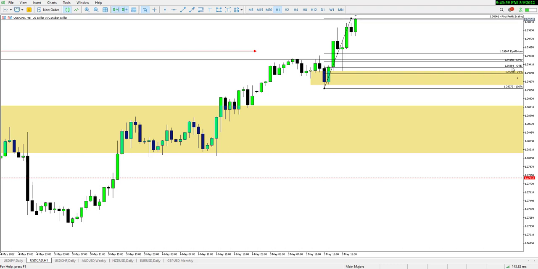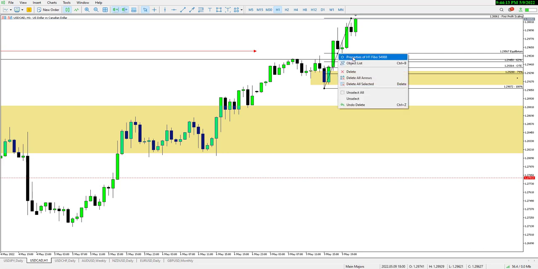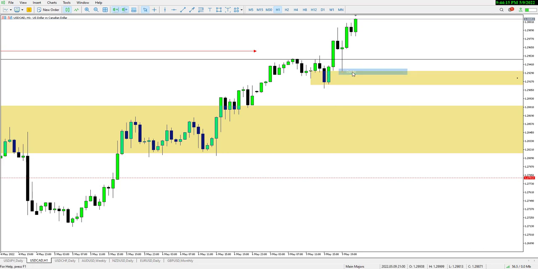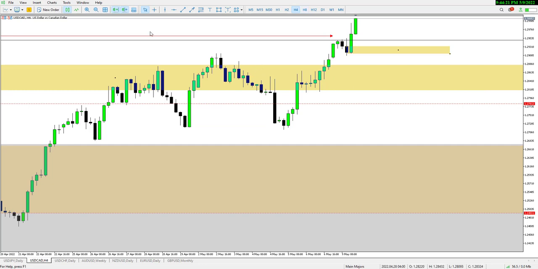Discount starting at 1.29364, this level here below your 50%, 62% level, which is an old high that has broken to the upside. You're looking for longs. Looking for longs from where? From those levels that I've highlighted, but only on positive news for the dollar or negative news for the Canadian dollar. So you can see how easy it is to highlight your discount arrays.